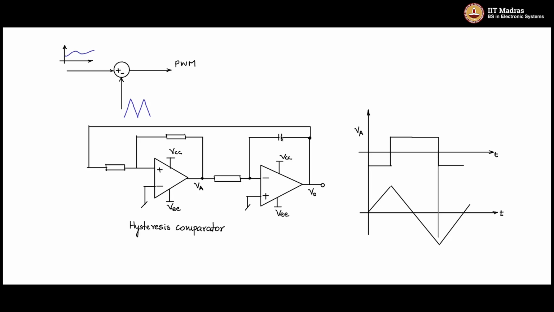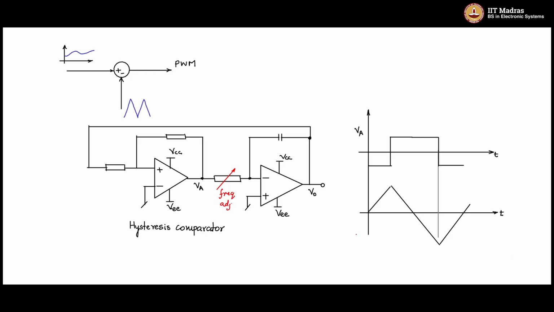The value of the I will also give you the rate at which this triangle slope changes. So therefore, by adjusting this resistor, I can do a frequency adjust. So this resistor will give me frequency adjust.